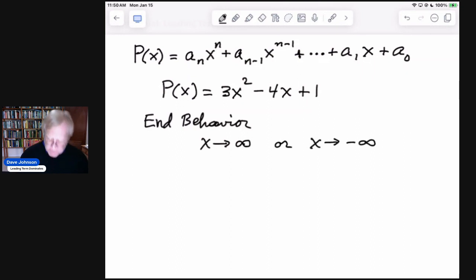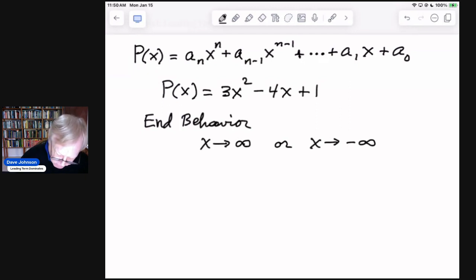And they can have different behaviors in those 2 different directions. I want to have a lengthier discussion about end behavior in another video, but here we're trying to understand why the leading term dominates the polynomial. And what I mean by dominate in this case is the leading term dictates the end behavior of the polynomial.